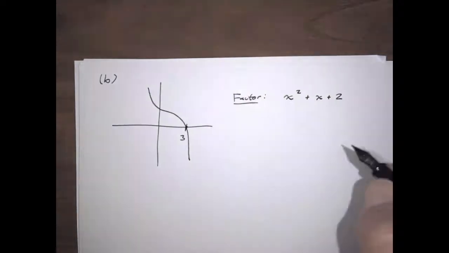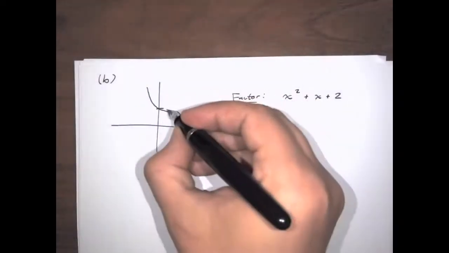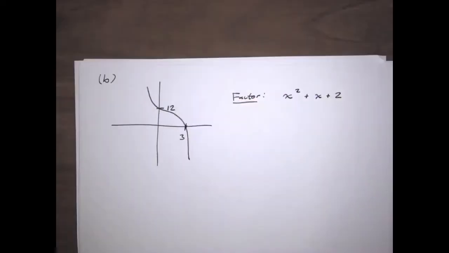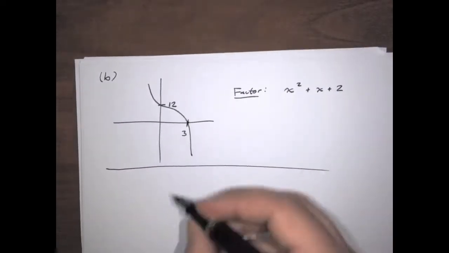And then furthermore, let's say that right here what we have is the value of 12. So now it's up to us to figure out what the formula for the missing function must be.